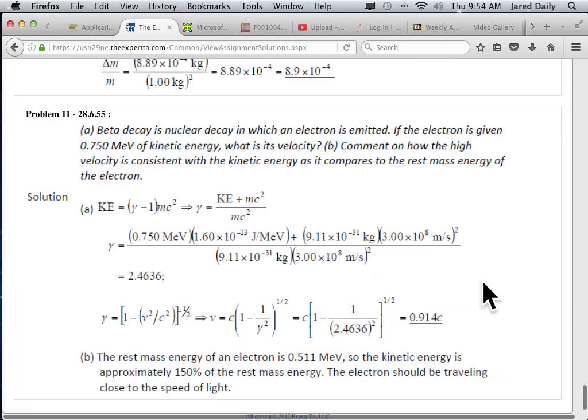Beta decay. So beta decay is a type of nuclear decay where you've got a neutron inside of a nucleus that's not happy. As this nucleus tries to rearrange itself to make itself happy, one of the things that happens is that a neutron decays and becomes a proton, an electron, and a neutrino, and some energy, and the neutron disappears.